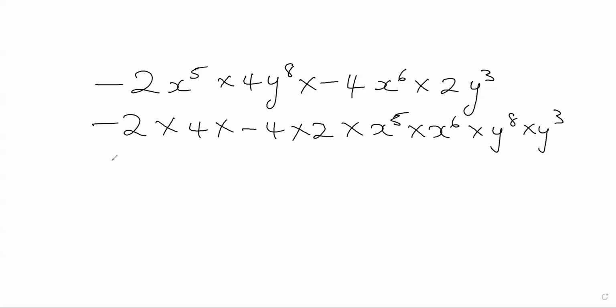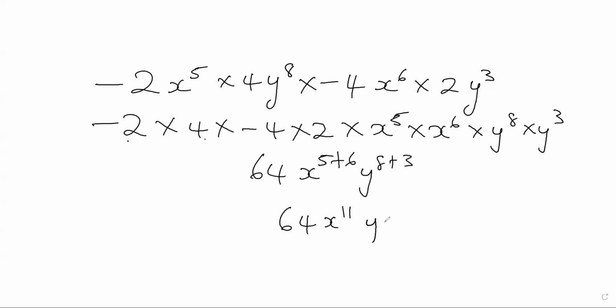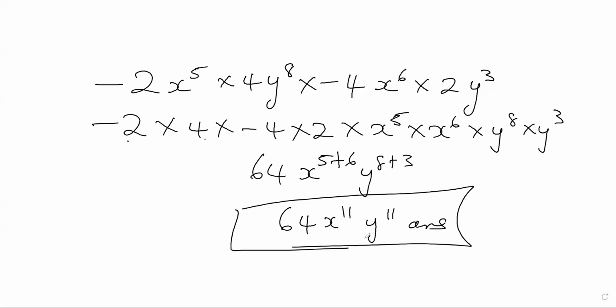All right, negative index we are going on. 2 times 4, that's negative 8. Negative 8 times that gives us positive 32. Yeah, so this is 64. We'll add the powers, so 5 plus 6, and then 8 plus 3. So 64, x11, y11. Very good. You are awesome.